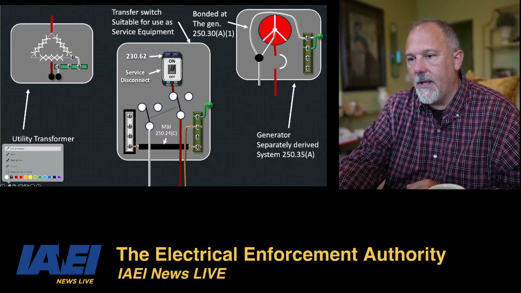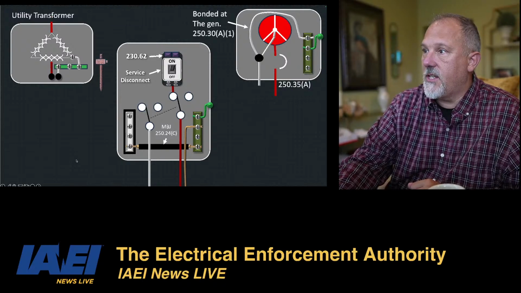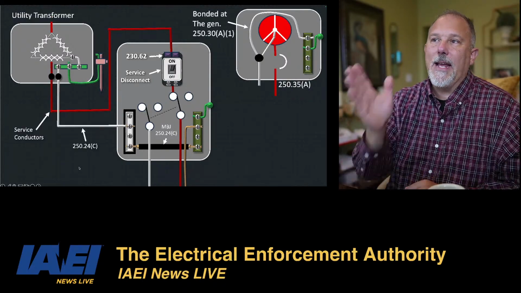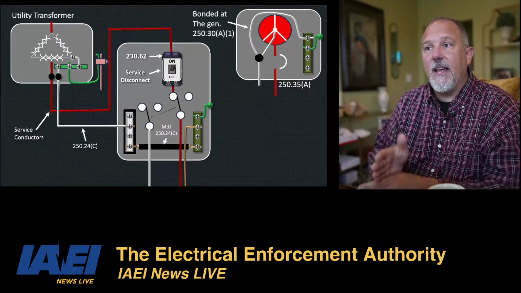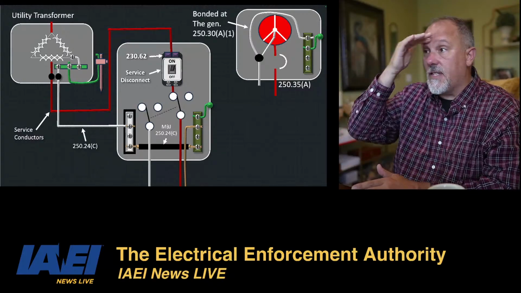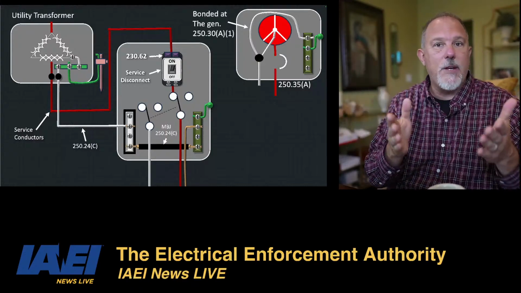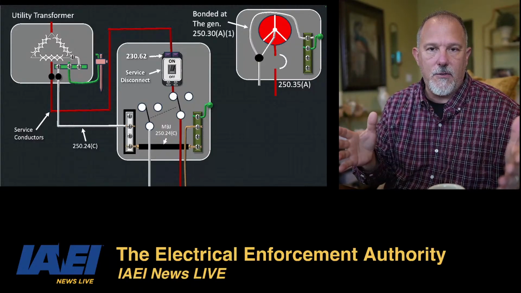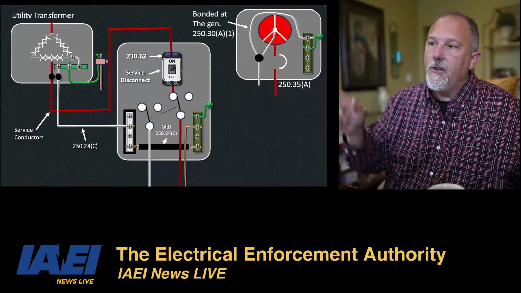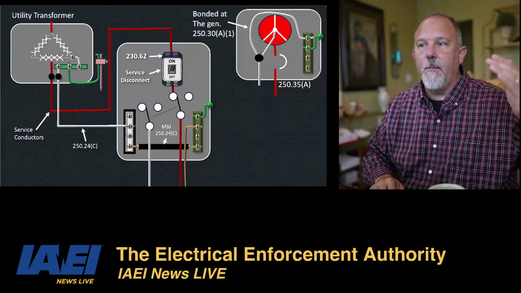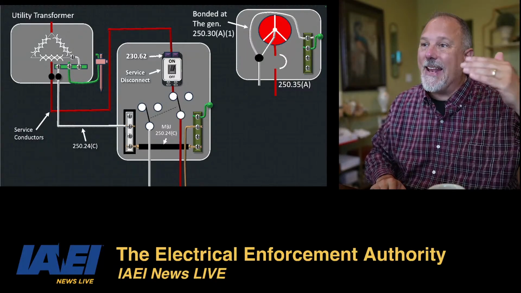Let me get rid of the laser pointer because I need to flip. Okay, so when I connect the utility, the red line is my 3 phases connected to the service disconnecting means, the 230.62 requirement, and we just went over all services. So Article 230, we had like 3 sessions on services. Those are service conductors that go from the point of connection to the utility, whatever that line of demarcation.